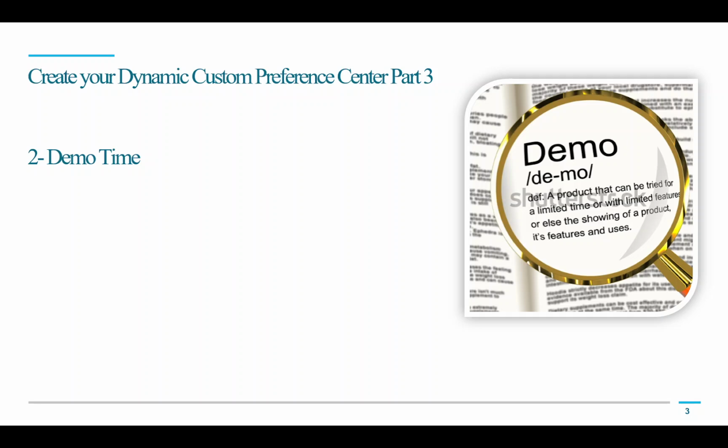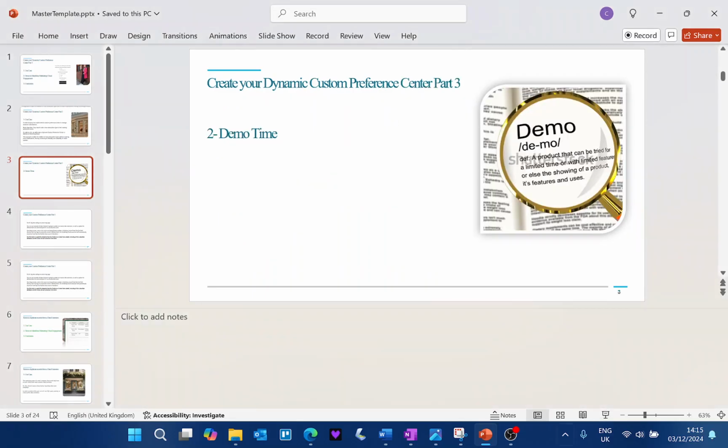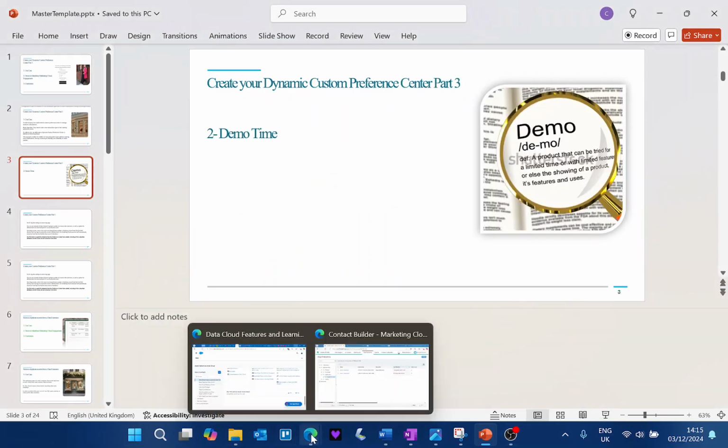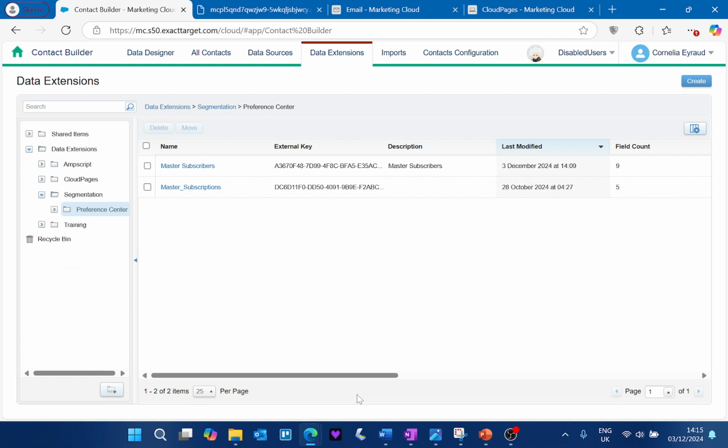So let's get into Salesforce Marketing Cloud right now. As you can see, I'm already logged into Salesforce Marketing Cloud, and I would like to show you briefly what will be our outcome for today.